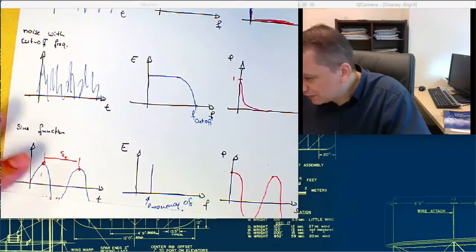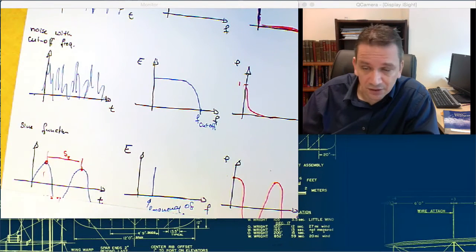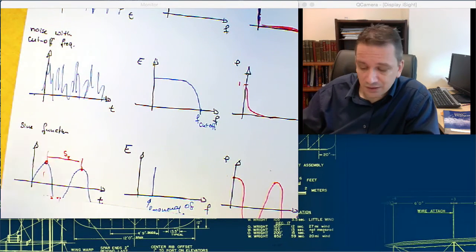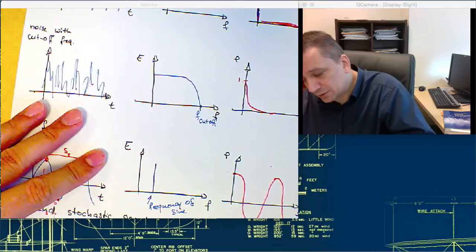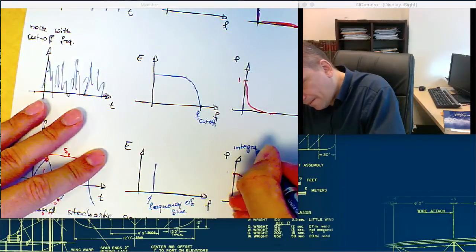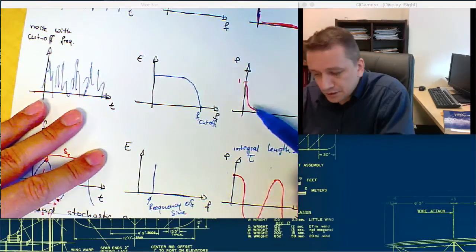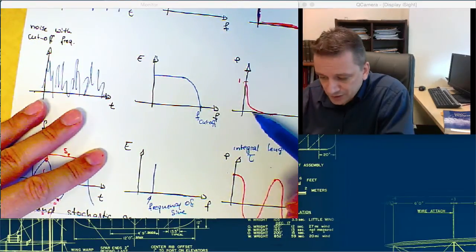So remember, if you're calculating an integral length scale, we introduced the integral length scale tau. Usually it converges because you're integrating over this area.